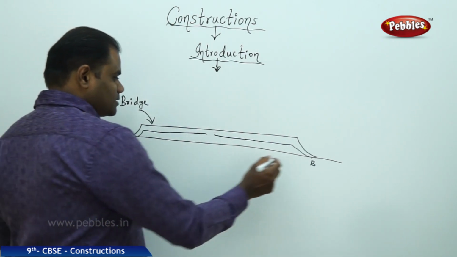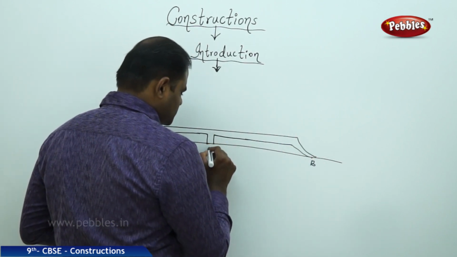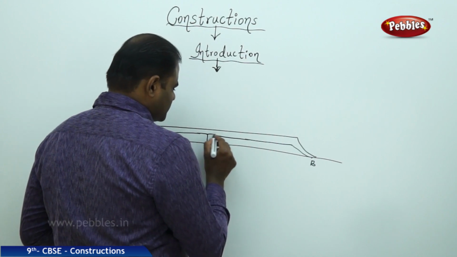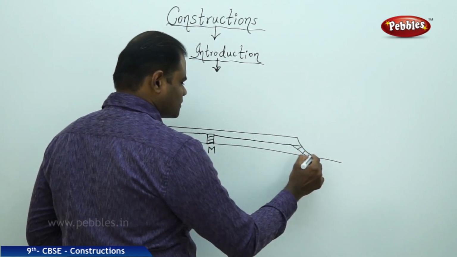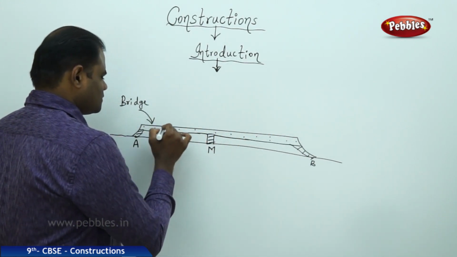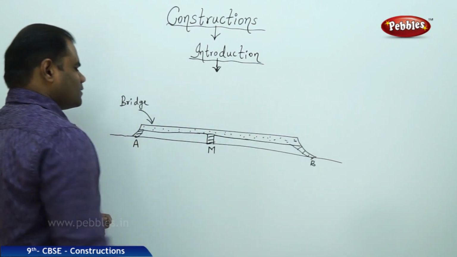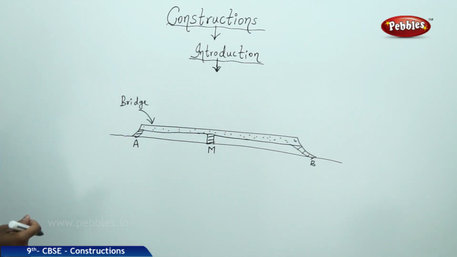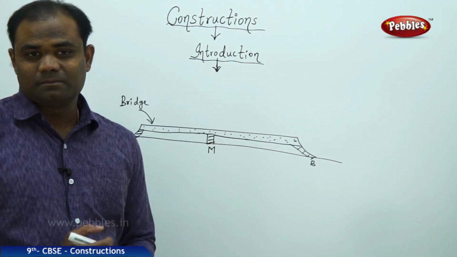So here he takes the line AB and tries to measure the midpoint, which is at this point. And then he uses the three types of pillars and constructs a bridge out here. So here is the bridge supported by the pillar exactly in the middle.